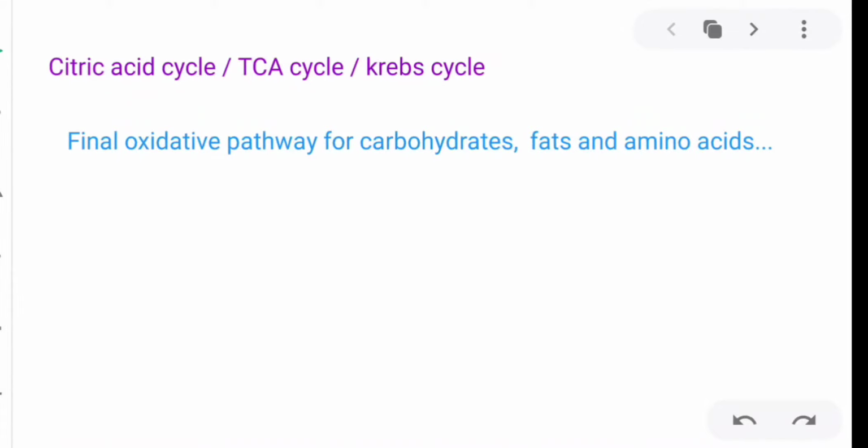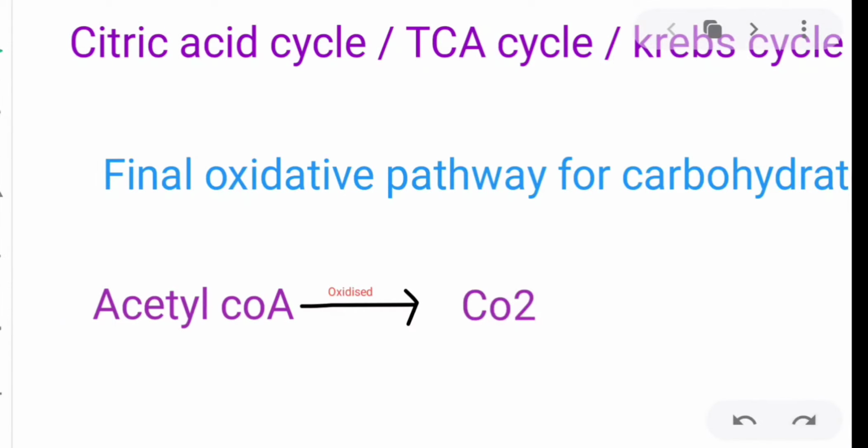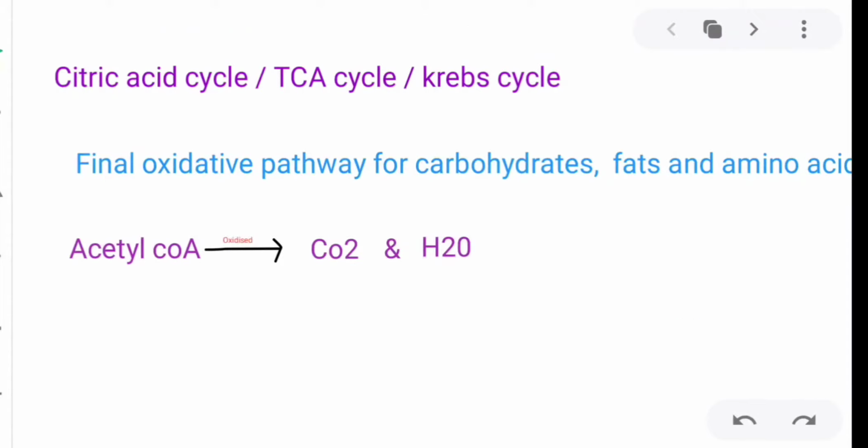The precursors have to pass through the Krebs cycle in order to form the final product, which can be carbohydrates, fats or amino acids. Now the third point is acetyl-CoA: when it gets oxidized, it forms carbon dioxide and water. Why is this important?